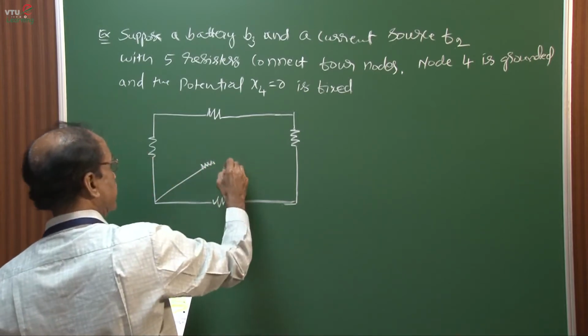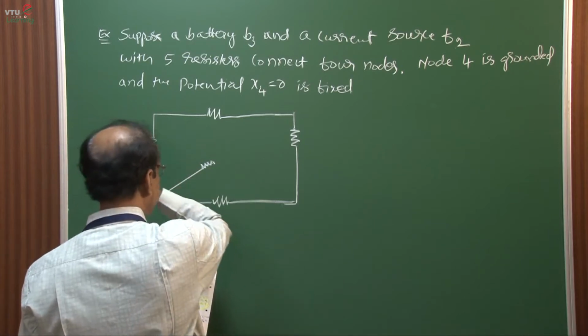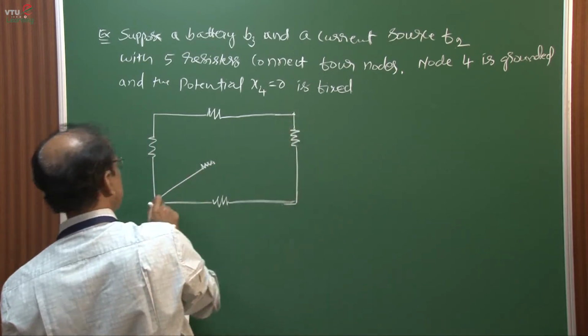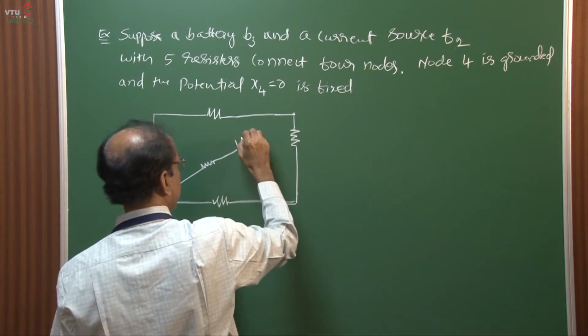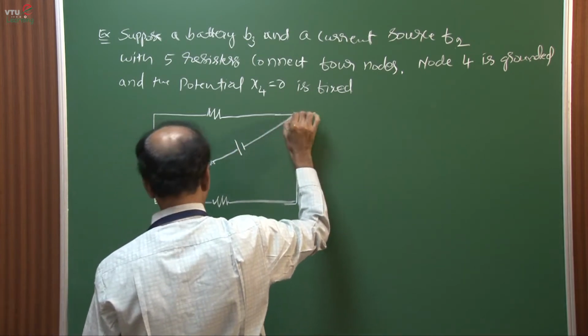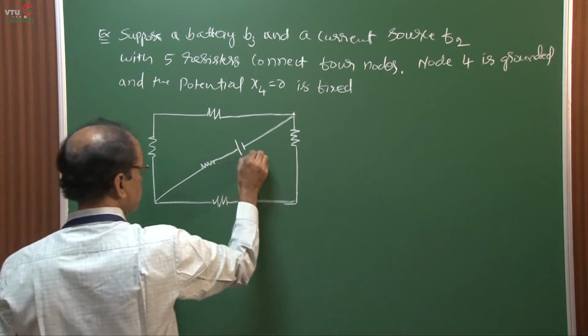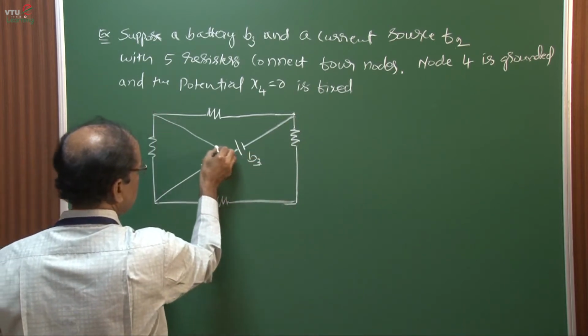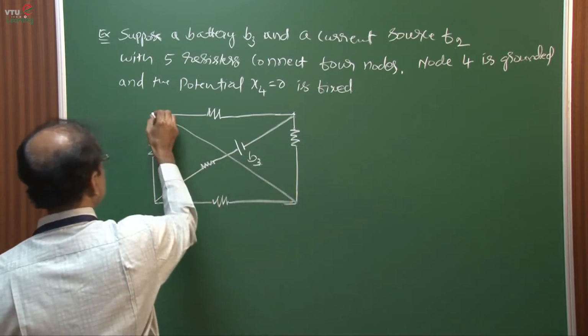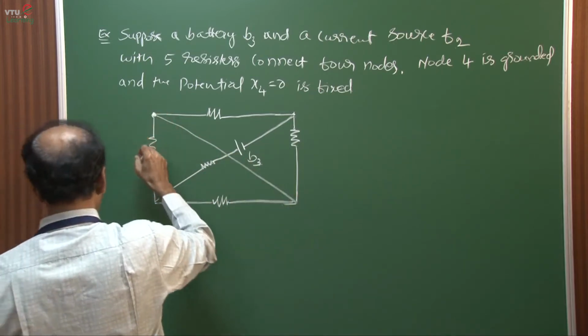This is the third edge, and from this node to this node the current is flowing. Here the battery is fixed, this is called B3, and the current source is this point. This point is the current source.